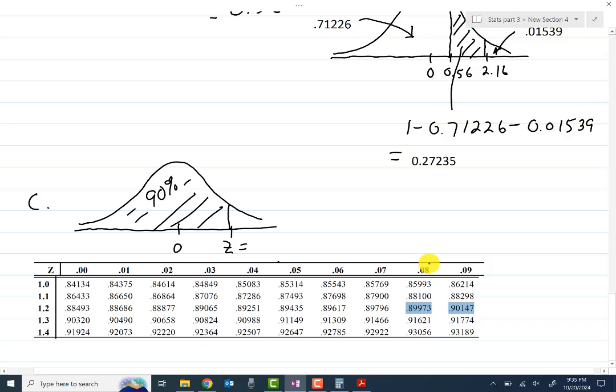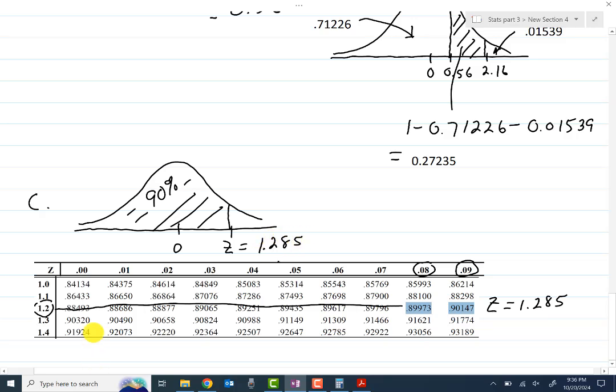These are my two values trapped between those two and this. So 1.28 and 1.29. So the z that I'll pick is 1.285. I always take the halfway between. So let's put that in there.